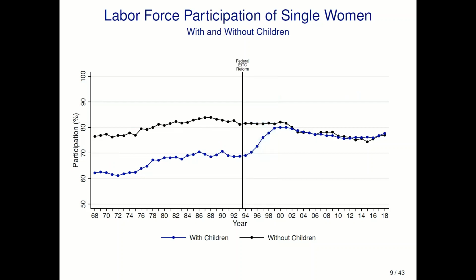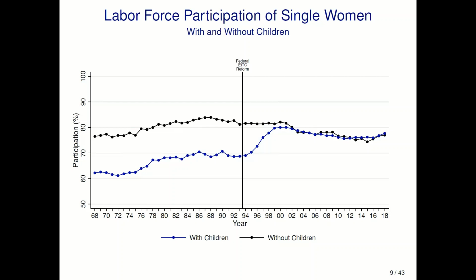One was the federal tax reform in the US enacted in 1993. One of the things that reform did was implement a really large expansion of the earned income tax credit, the EITC. Many of you probably know about the EITC, but let me quickly recap.